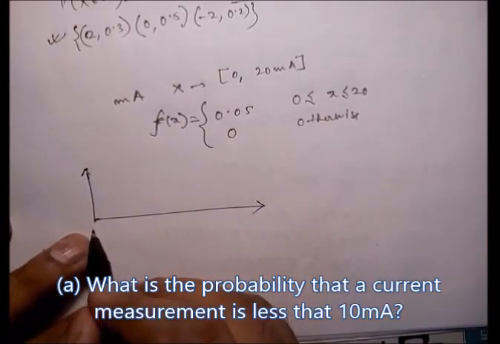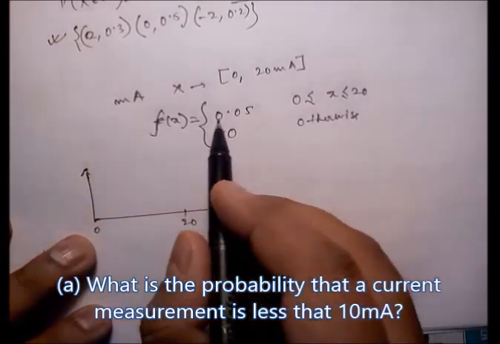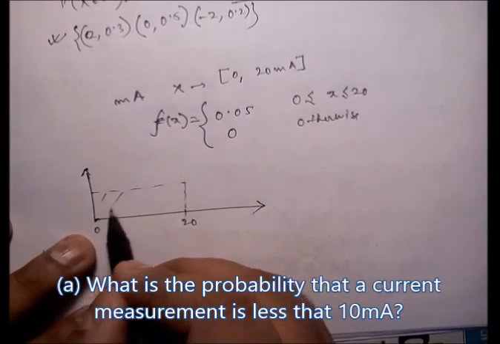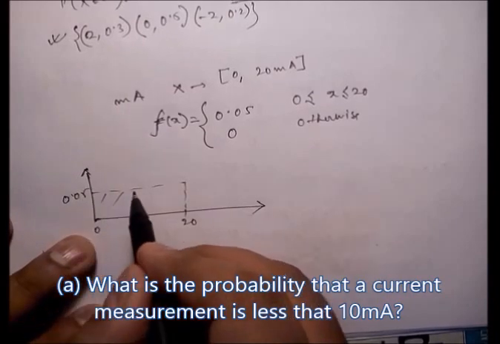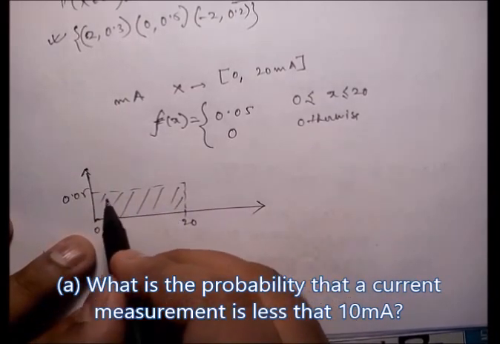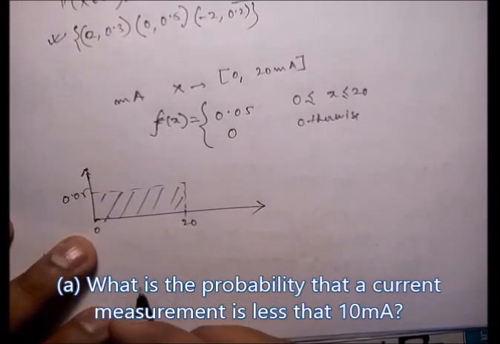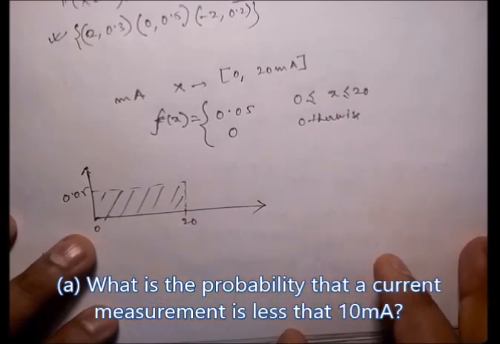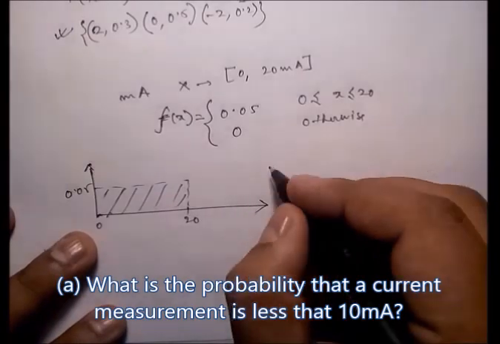So it is from 0 to 20, it is fixed. It is this one, 0.05, this particular area.